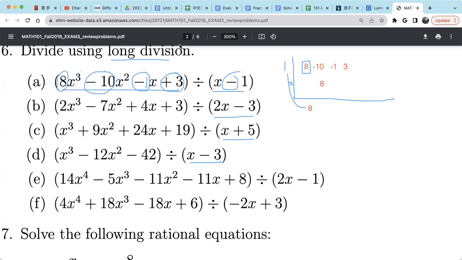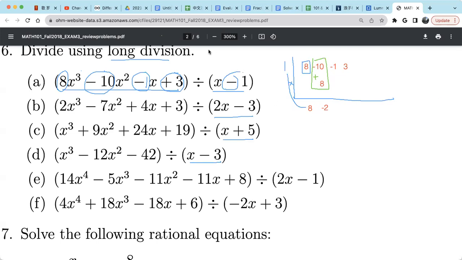So now let me change my color to green. I look at those 2 numbers. What do I do with them? I add them. -10 plus 8, I get -2, sorry.